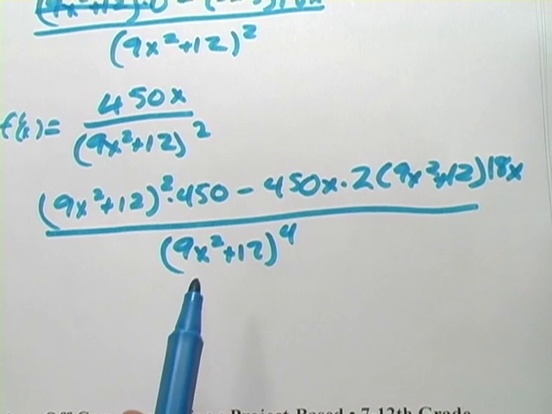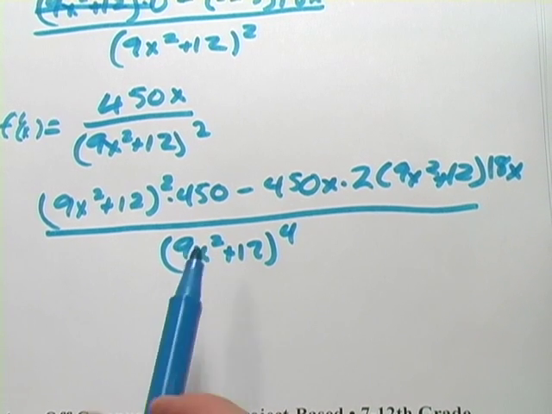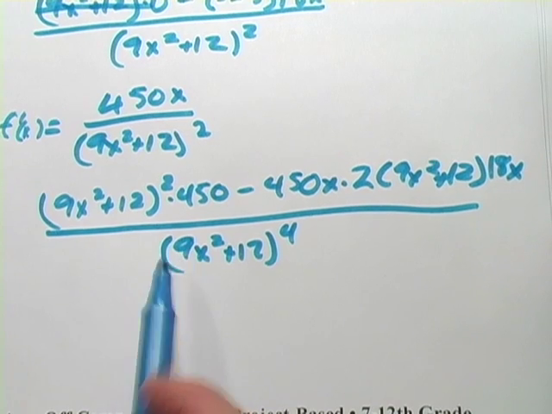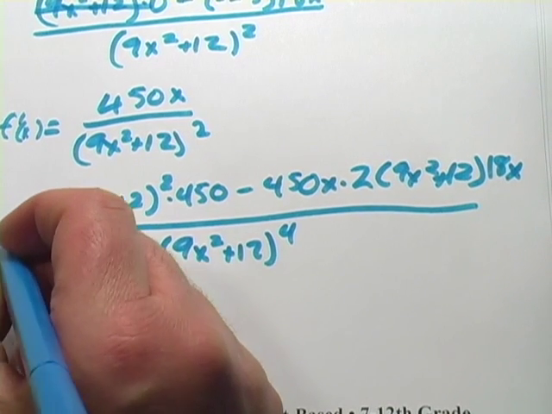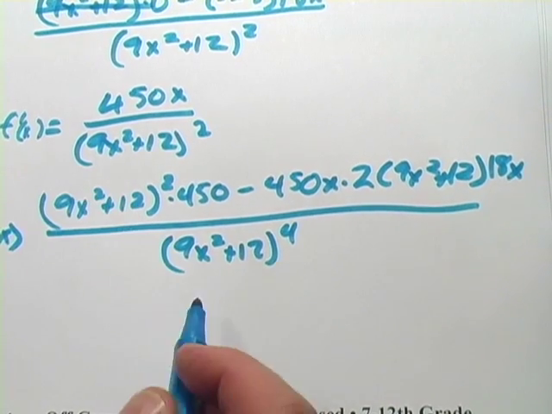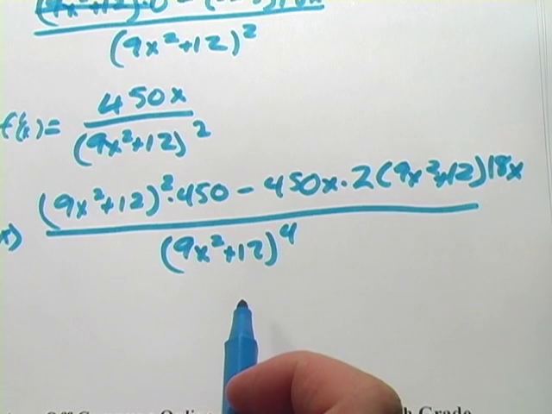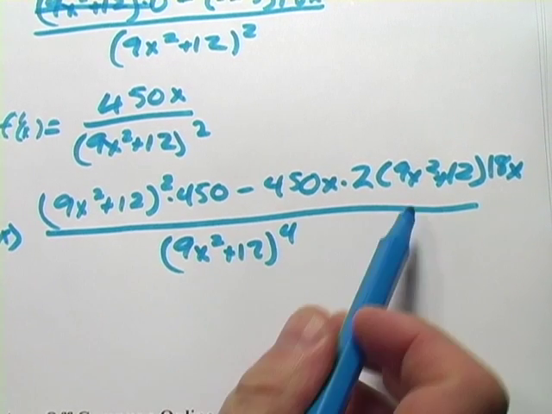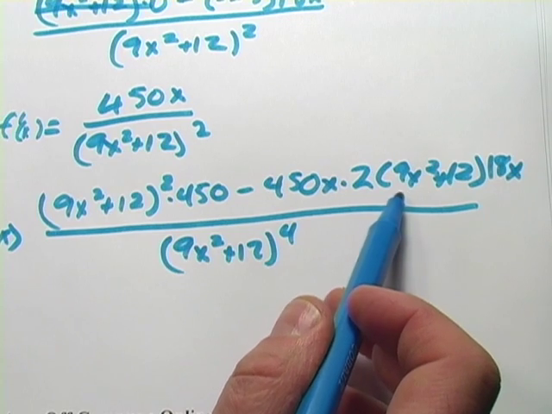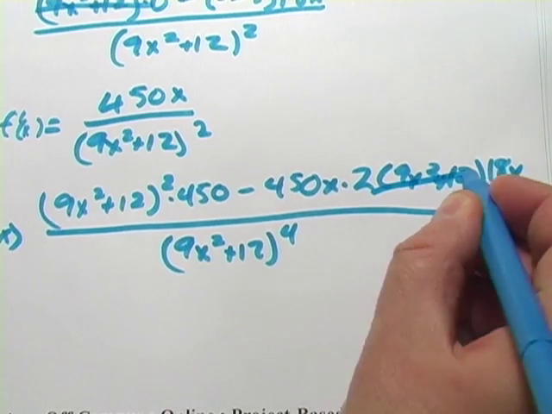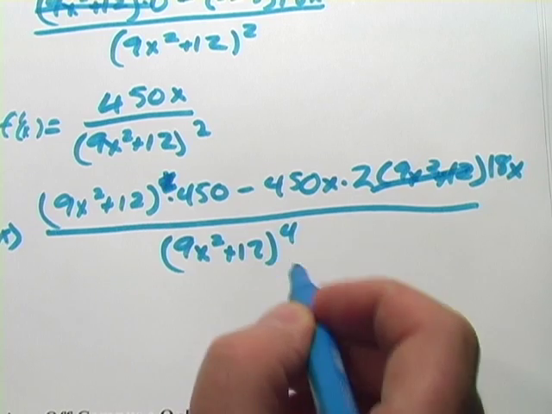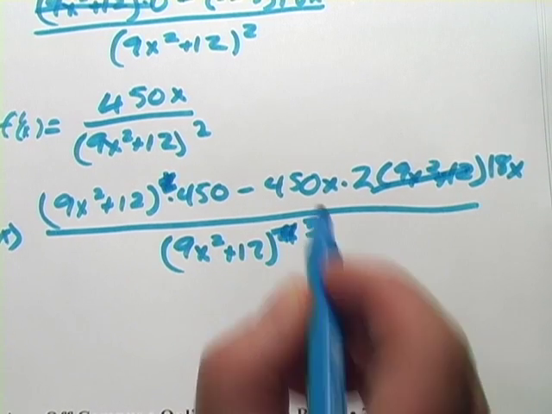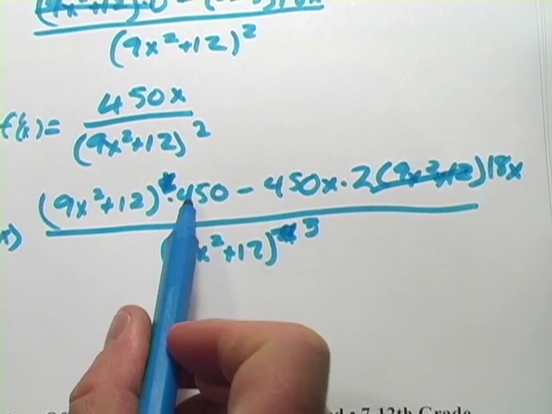Now let's see if we can do some simplification here. Remember, we want to find the zeros of the second derivative. So if we can make this a little simpler, it might be easier to find where the numerator is 0. One thing I notice is that I've got a factor of 9x squared plus 12 in each of these. So I'm going to take one of these out, and one of these out, so that becomes to the 3rd. And then let's see.